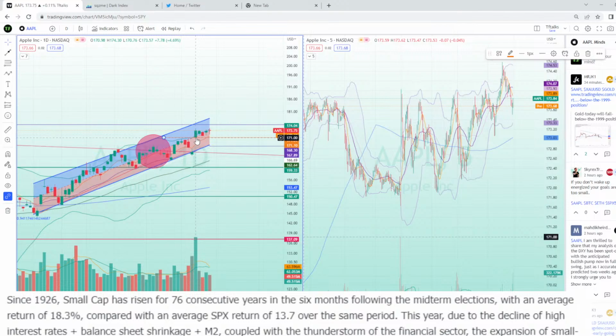After earnings, this candle can be assumed as the level where we take loss if the stock drops below it. So you can set up 170-ish, like 170.76, but give a little more space. You can just set your stop loss at 170.